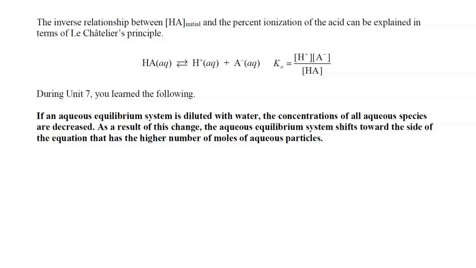As a result of this change, the aqueous equilibrium system shifts toward the side of the equation that has the higher number of moles of aqueous particles. In the equation for the ionization of a weak acid in aqueous solution, there's 1 mole of aqueous particles on the left, on the reactant side, and there's 2 moles of aqueous particles on the right, on the product side.